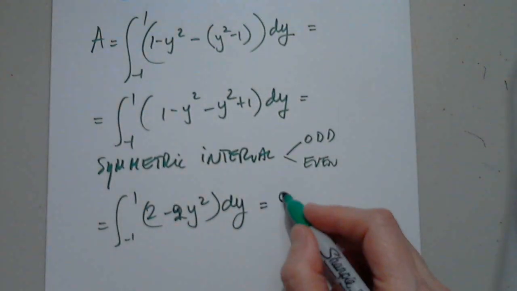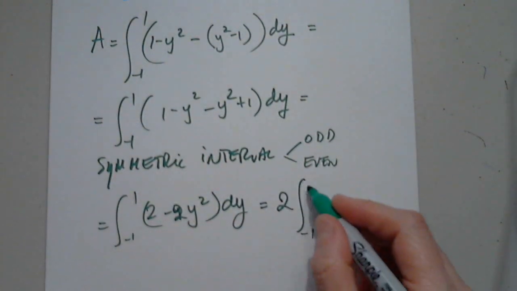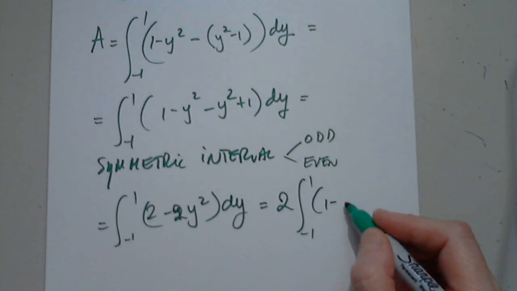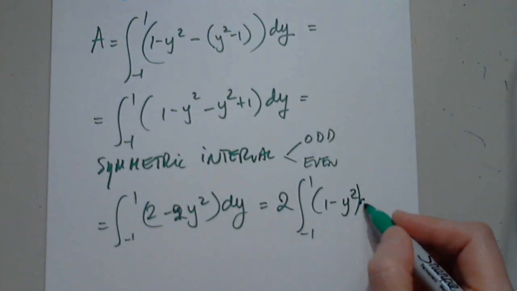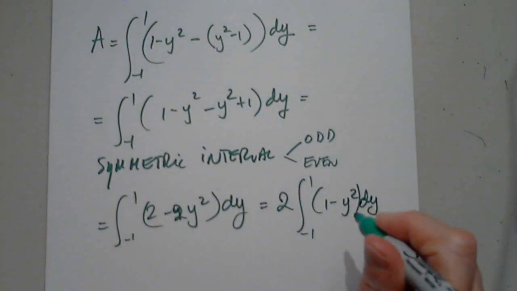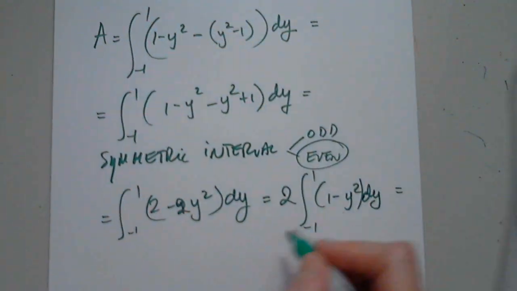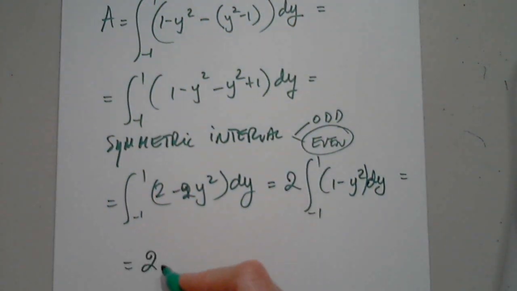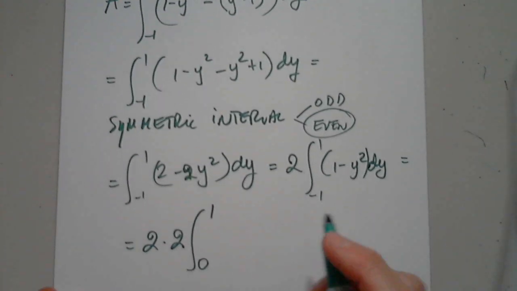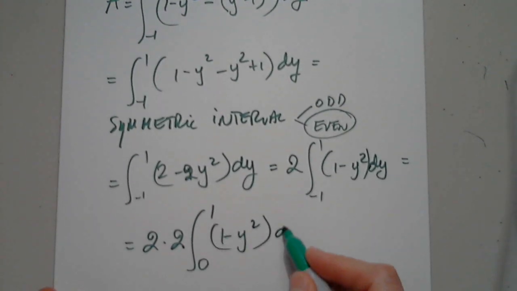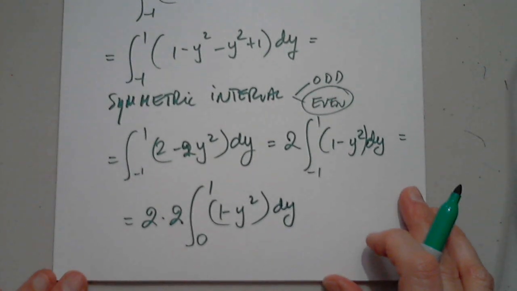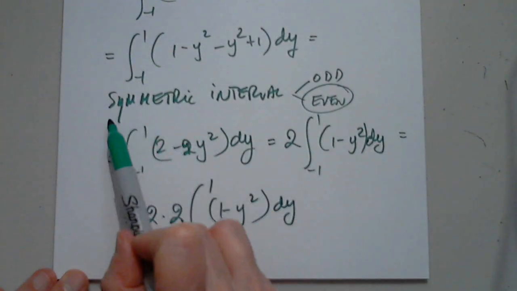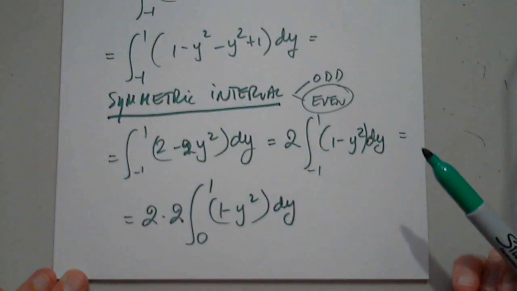I factor out the 2, and this is the integral from -1 to 1 of 1 minus y squared dy. And I know that this is an even function. So 2 times 2, the integral from 0 to 1 of 1 minus y squared dy. Do I have to do this? No, but it's a very important concept to review.